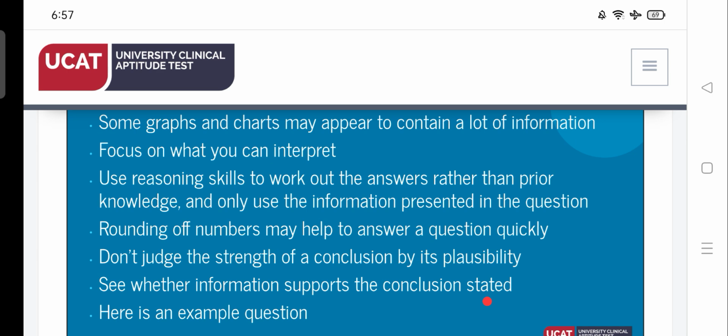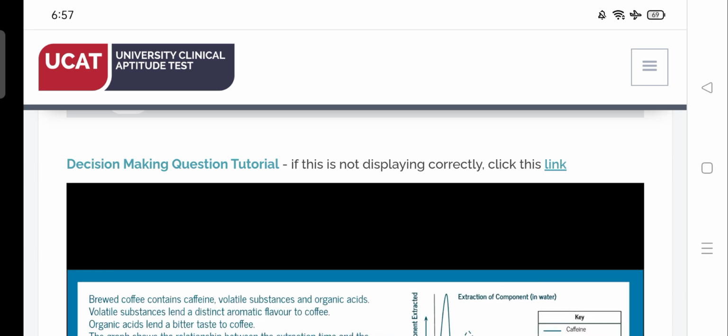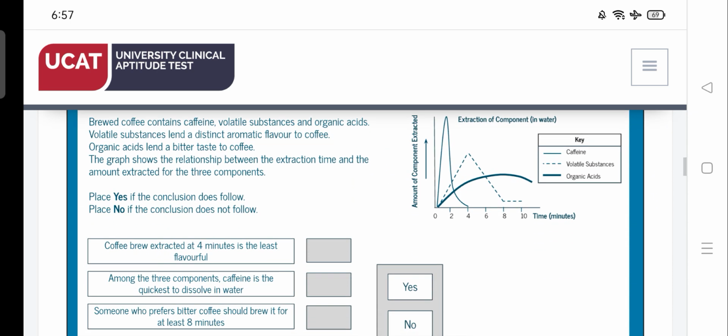Here is an example question. Brewed coffee contains caffeine, volatile substances, and organic acids. Volatile substances lend a distinct aromatic flavor to coffee.